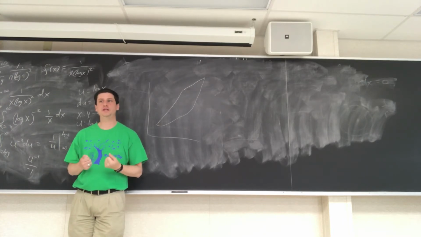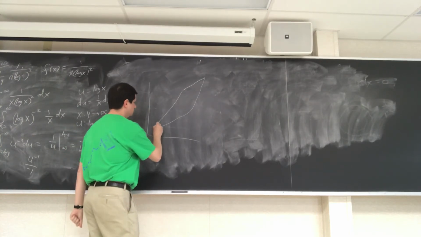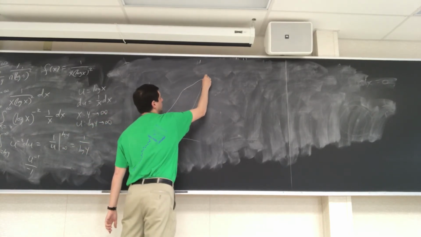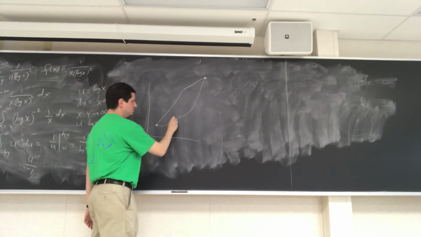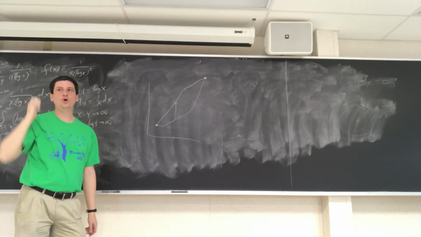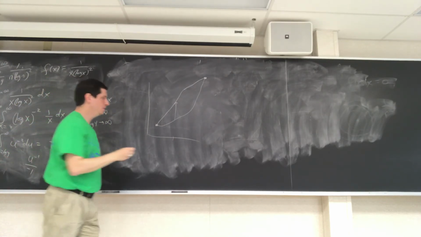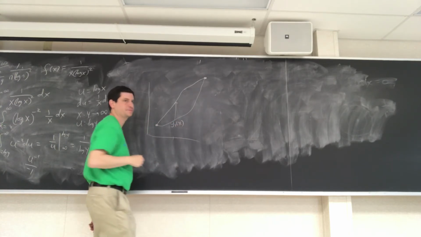If you had a more complicated region, what you would often do is you would break it up into smaller, simple regions. And so in this case, here is my boundary curve. So I'm fixing an x, and I'm walking up like this. So I'm trying to figure out what is my range of y. So this would be my curve y1 of x.